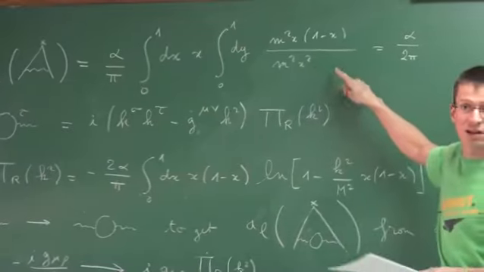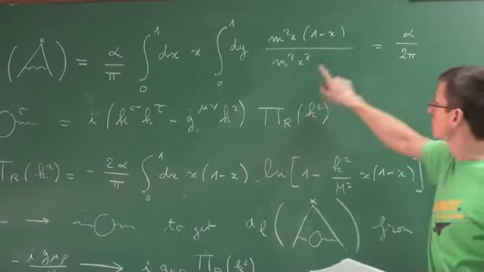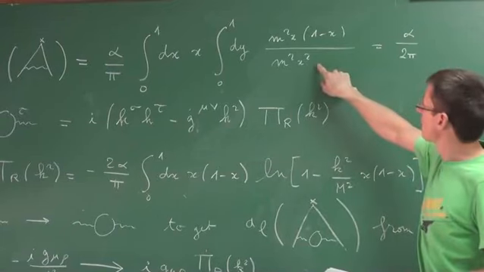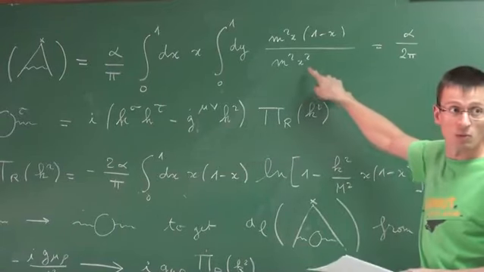I said that when you keep the mass of the photon, the only change in this equation is that you add a term here, which is proportional to this mass.